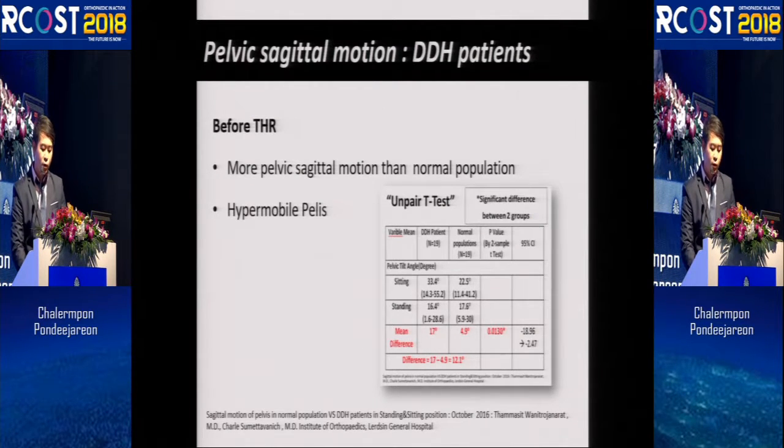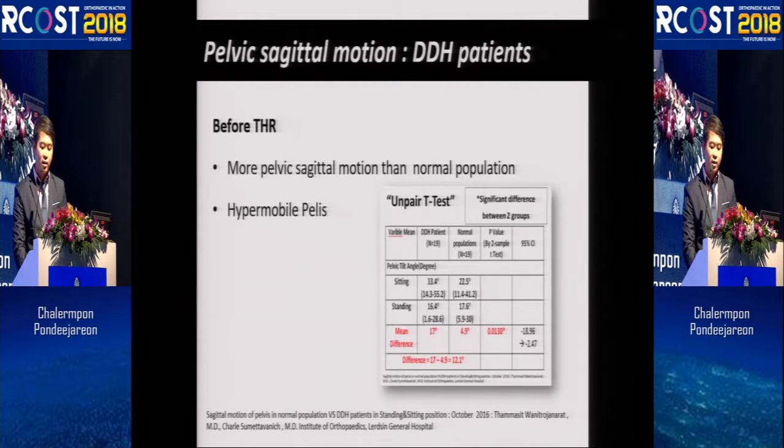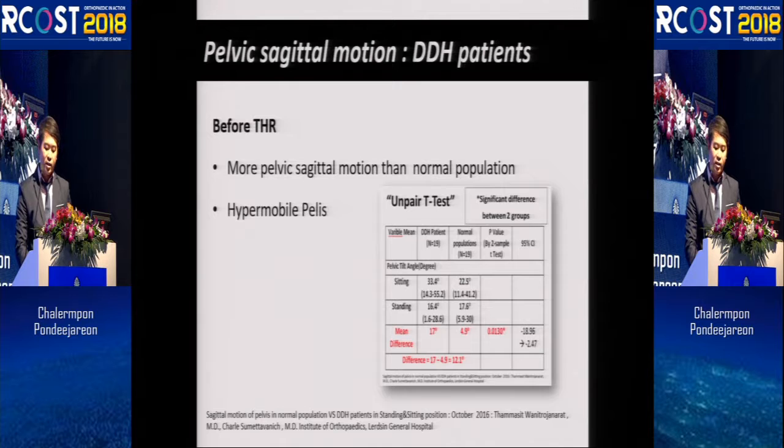And data from a 2-year study at Lersin Hospital compared pelvic sagittal motion between the normal population and DDH patients. We found that pelvic sagittal motion in DDH patients is significantly larger than in the normal population. In the DDH group, the average pelvic difference is about 17 degrees versus about 4.9 degrees in the normal population, especially posterior pelvic tilt in DDH.